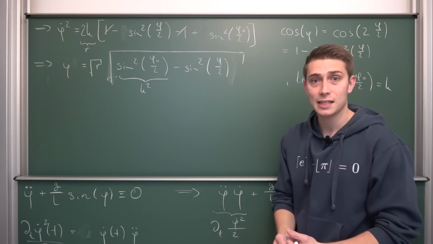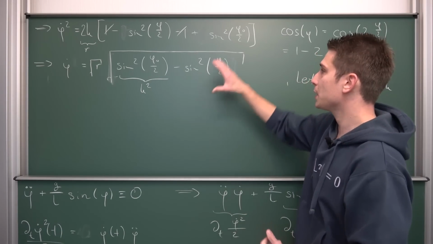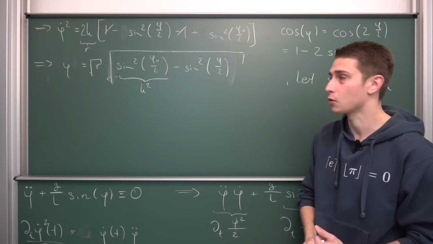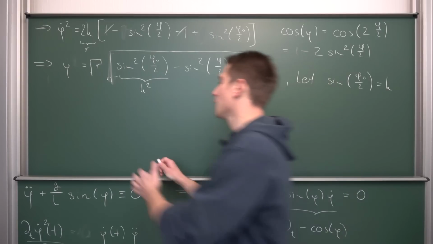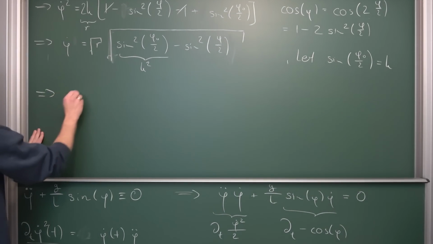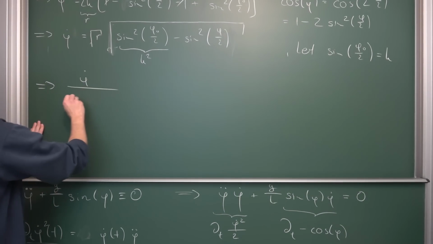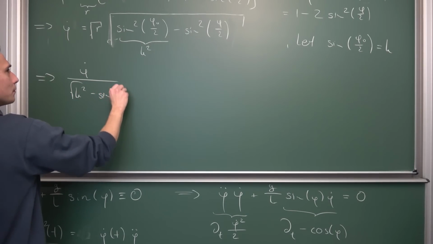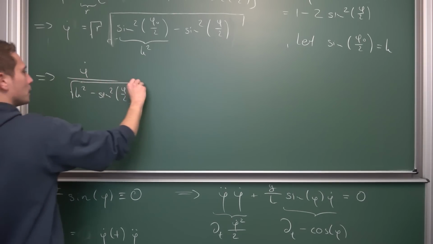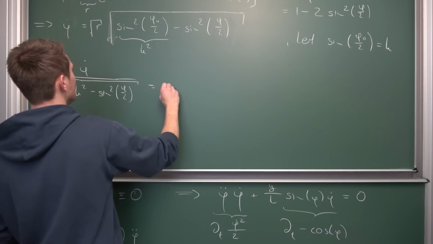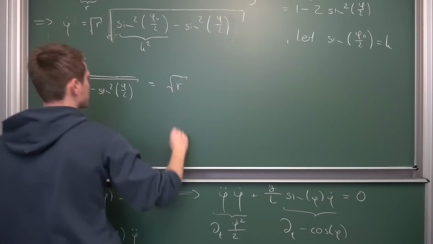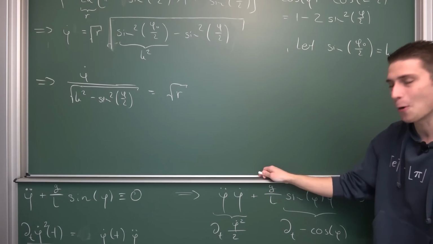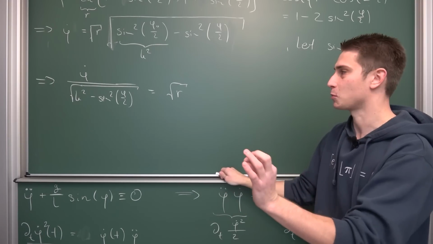Now we got a nice separated differential equation where we can divide both sides by this part, under the condition that it's not equal to 0, we are going to suppose that it's not equal to 0, leaving us overall with phi dot divided by the square root of k squared minus sine squared of phi over 2, being hence nothing but our square root of our constant r, where r is nothing but 2 times k, and k is nothing but our g divided by l times 2.